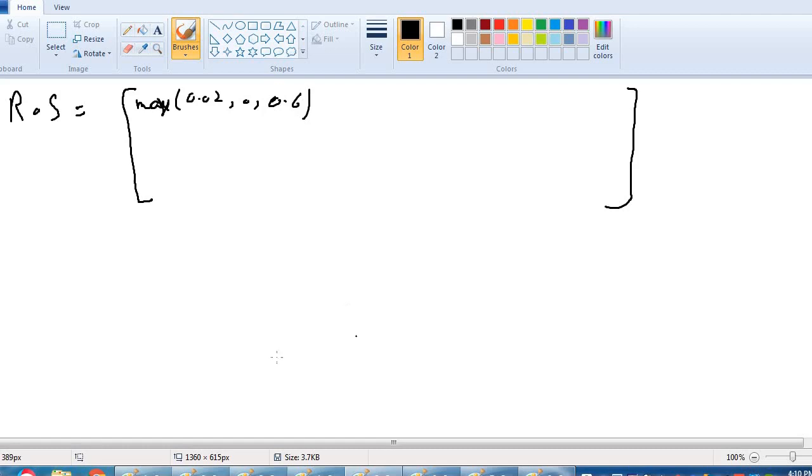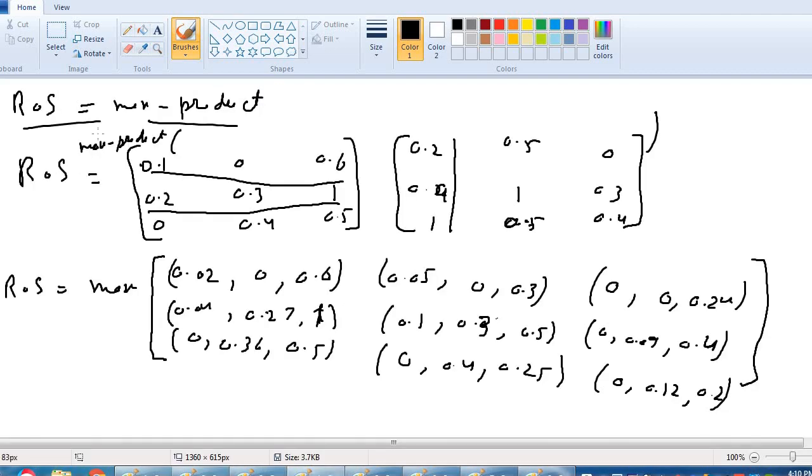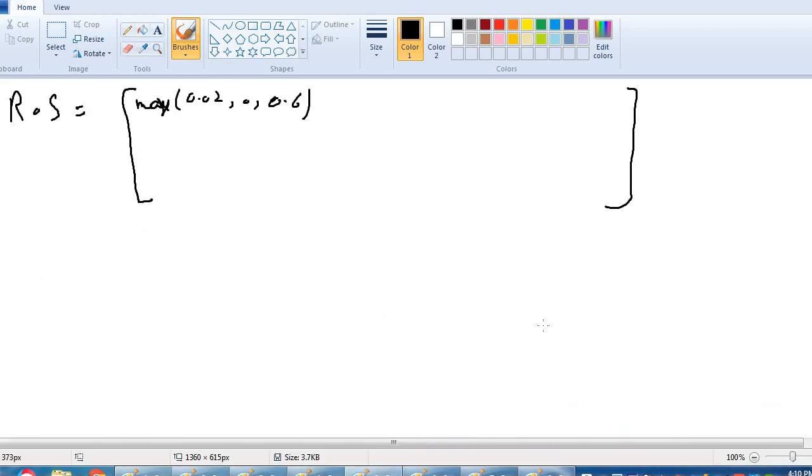Here we can see we're just applying the max inside. We apply max on all the intervals, and then calculate the maximum value of it.